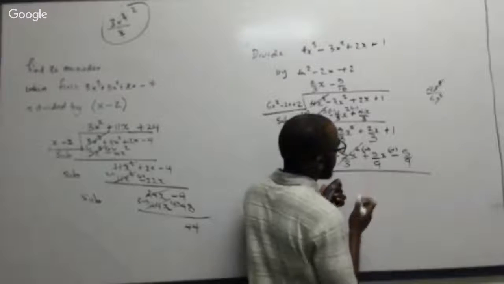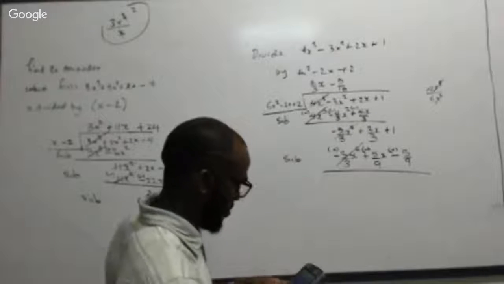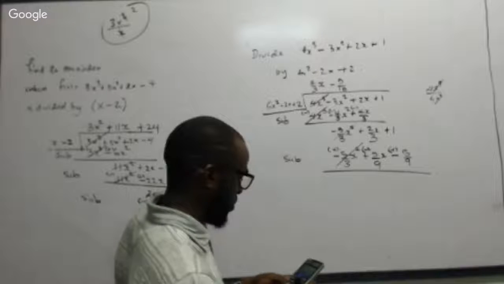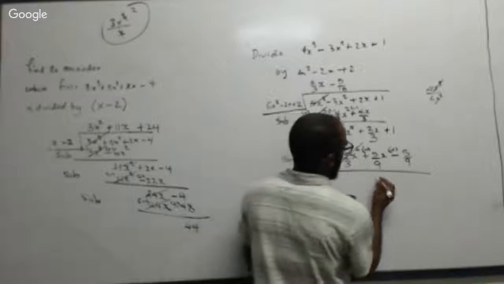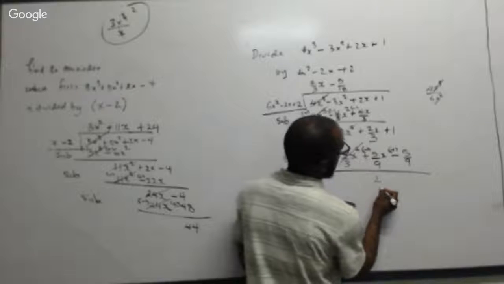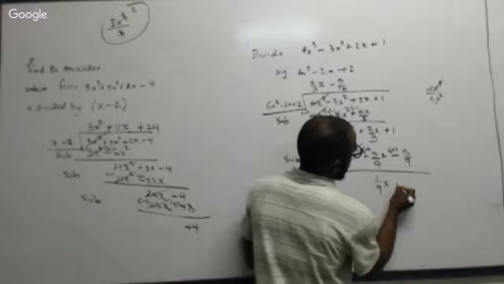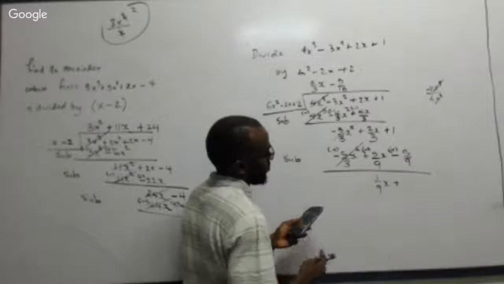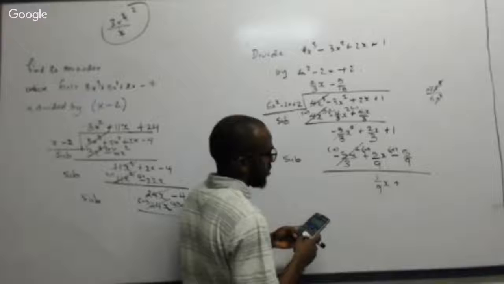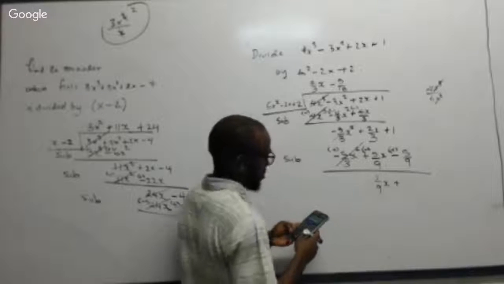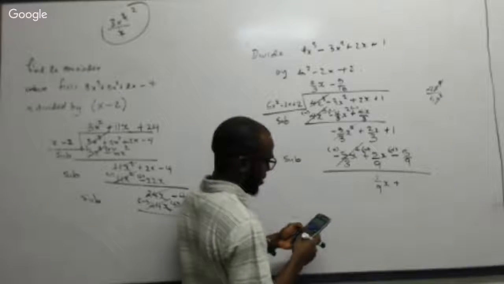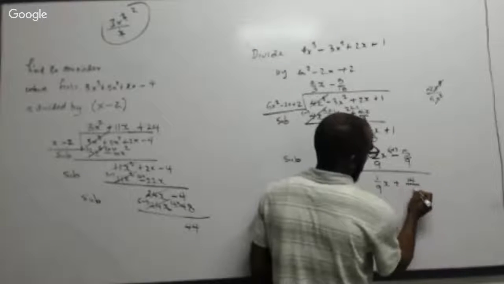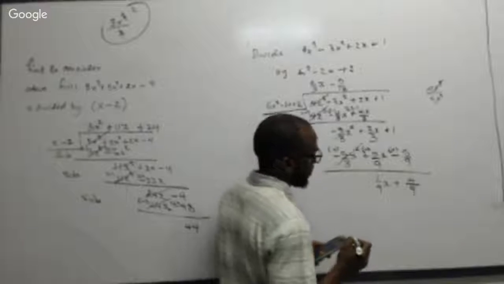And then positive 2/3 minus 5 upon 9 gives 1 upon 9 x plus 4, 1, 9. So that's 1 plus 5 upon 9, 14 upon 9. That's it.